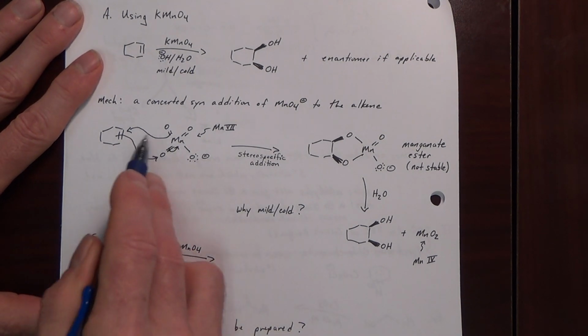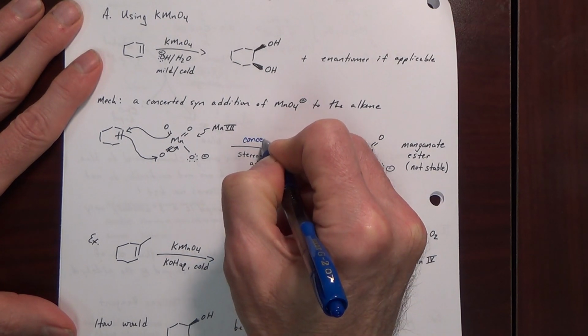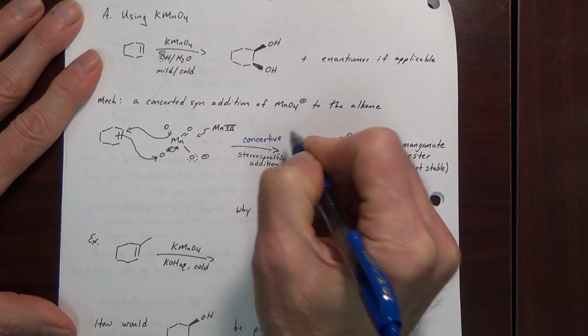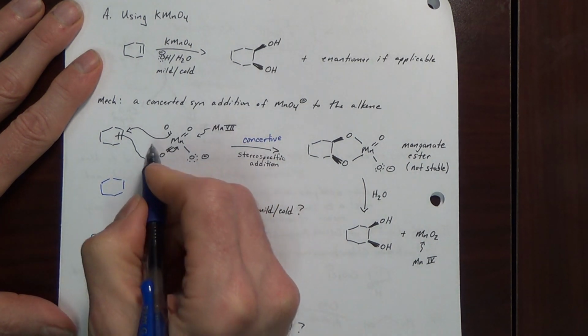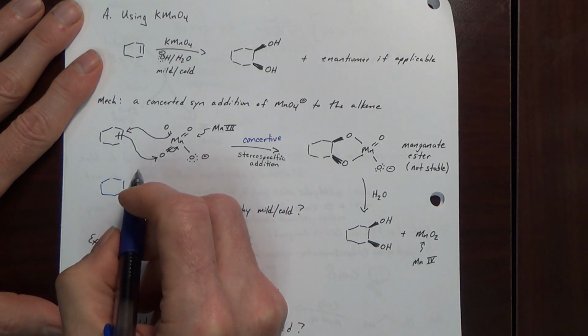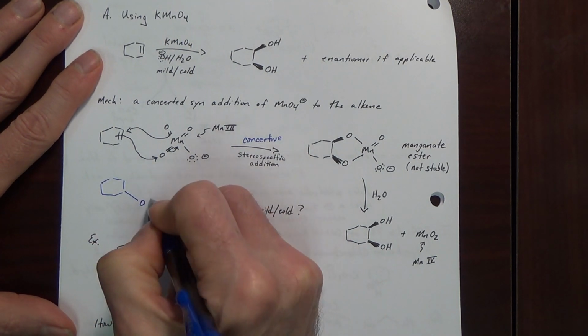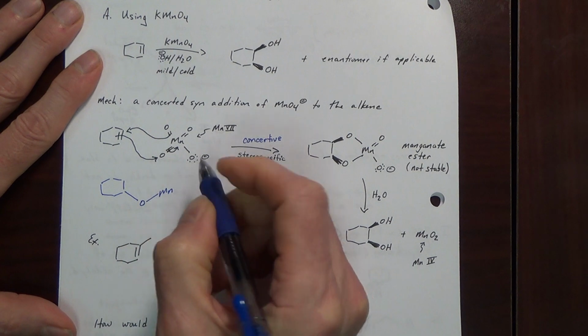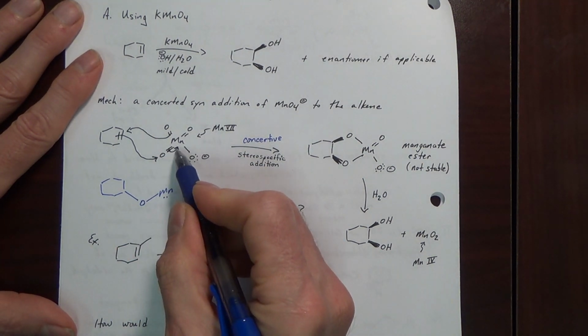It is all concerted. That means everything happens at the same time, all the electron movement. Now if we did it stepwise and didn't include that arrow up there, when these electrons come out, we would have a bond to oxygen and a lone pair on manganese, that comes from these two arrows.